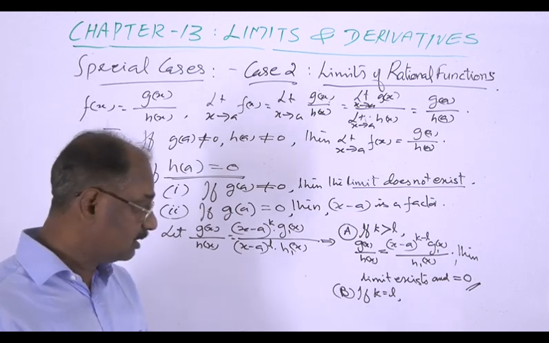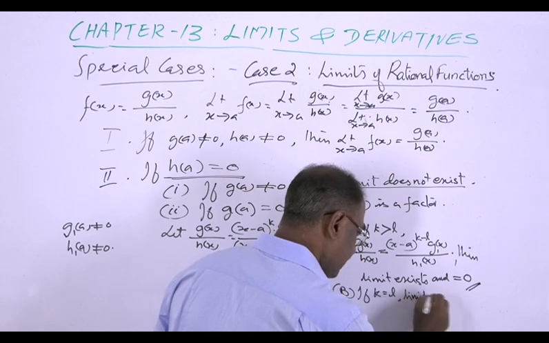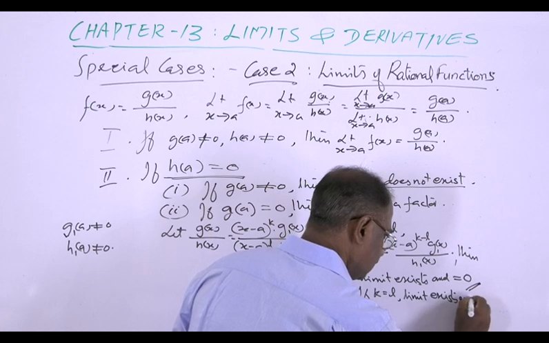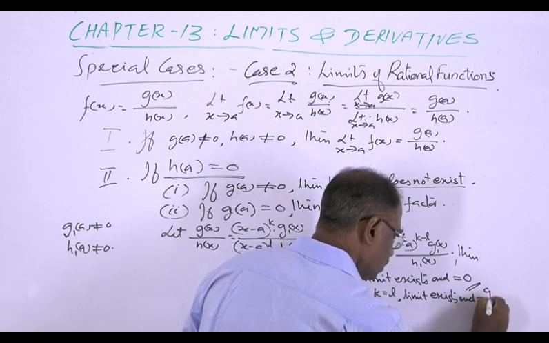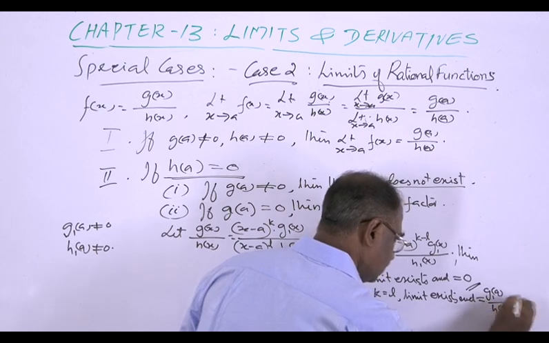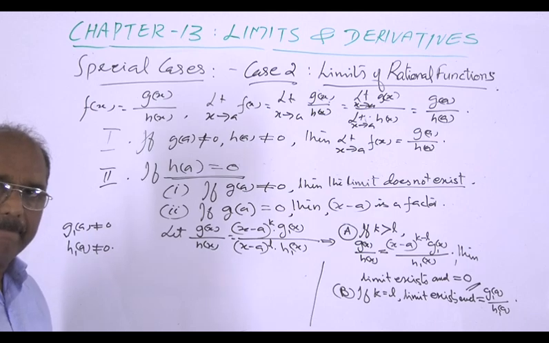So the limit is equal to g1(a) by h1(a).